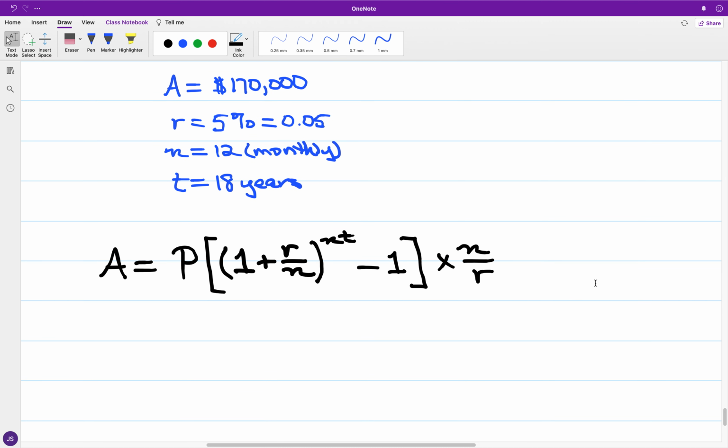Okay, so we got the numbers. You have $170,000 is equal to P times the quantity 1 plus R over N, so you have 0.05 over 12, and for N times T, this is going to be 12 times 18.